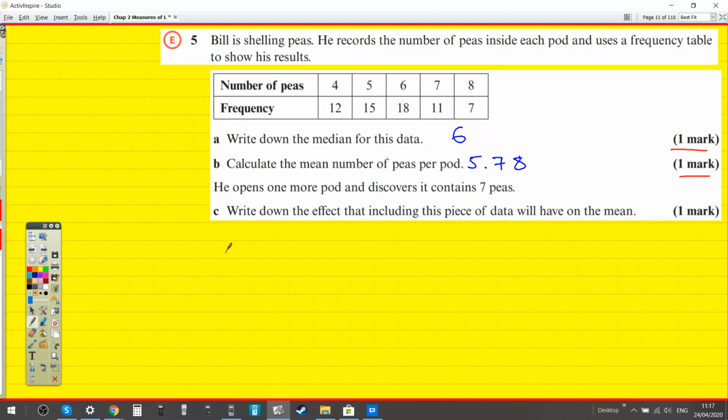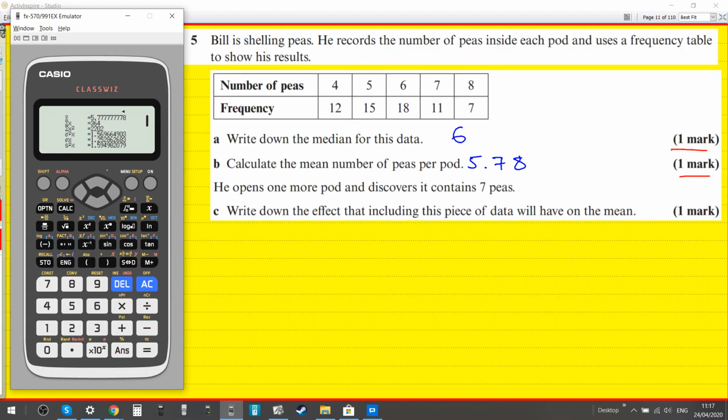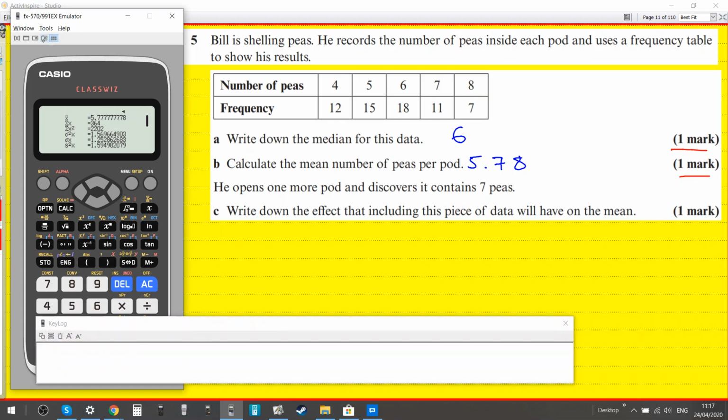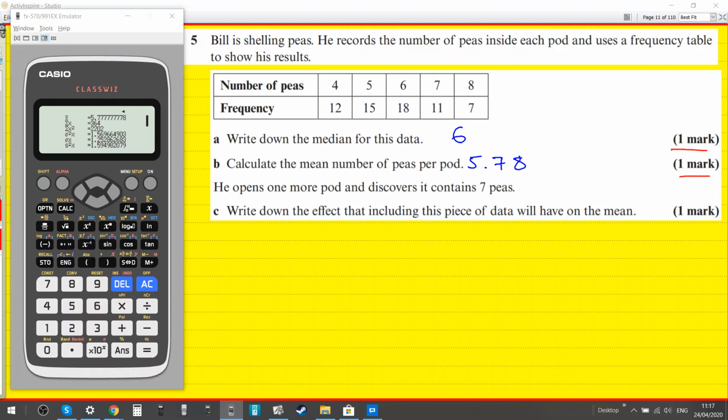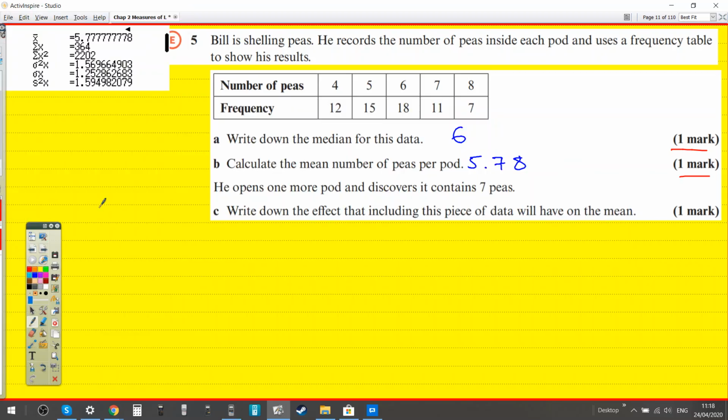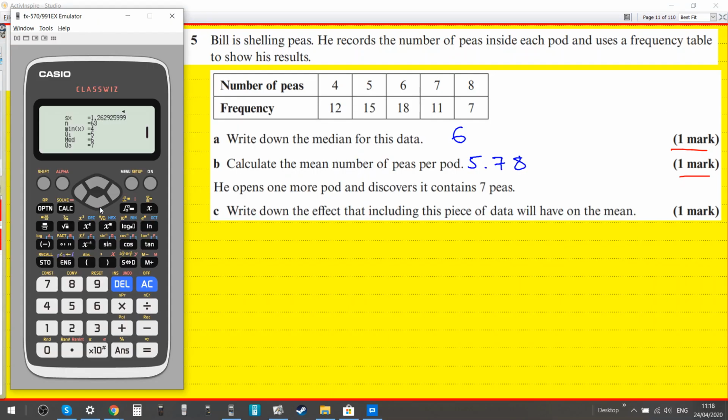And question C. I need to add one more 7 to the frequency, so now it's 12 sevens rather than 11. 12 sevens. Yep.